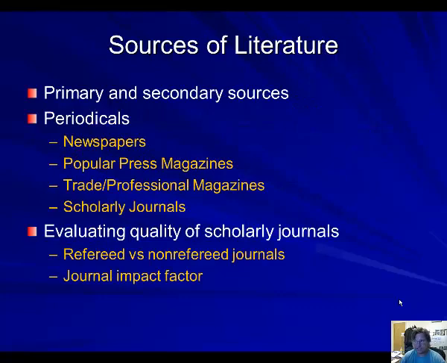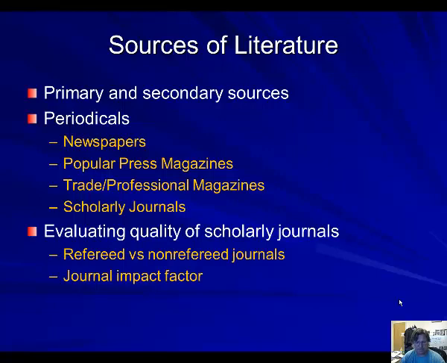I'm sure you've seen this information before, probably in high school English classes, where you talked a lot about primary and secondary sources. When we're reviewing the literature in exercise science, health, physical education and public health, we mainly look in scholarly journals. That's where the majority of the high-end research in our area is being conducted and published.